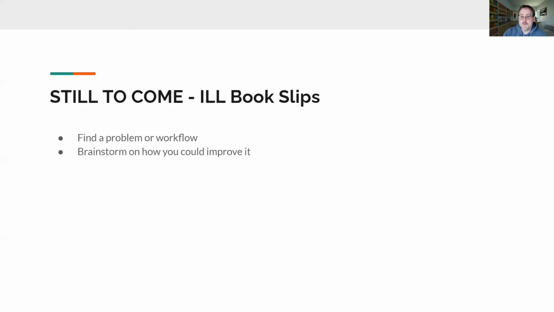Brainstorm on how you can improve it, whether that's just by yourself or with the staff that it involves. Play around and try some ideas out, and make sure that it actually improves the situation, not adds a bunch of extra steps or work.